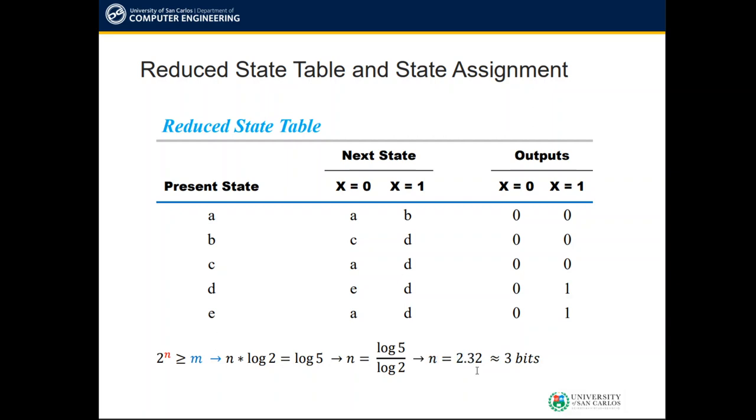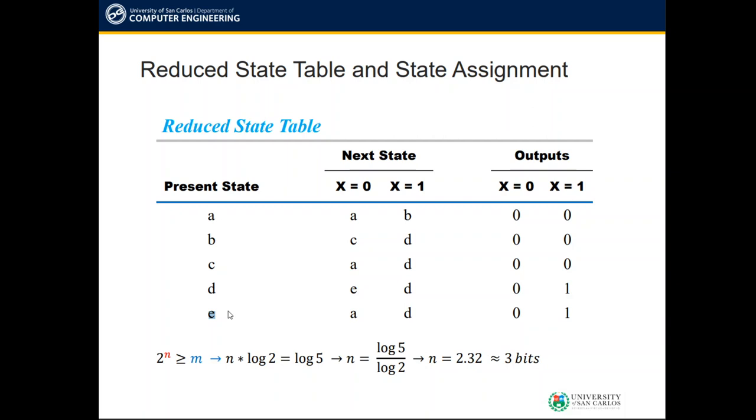That is now the value of our n. But since there are no fractional states, only whole numbers, we round this up to 3. Therefore, there are 3 bits to be used for your states, starting from 0, 0, 0 up to 1, 1, 1. Since state A is our initial state, we can use 0, 0, 0 for it, and E becomes 1, 1, 1.